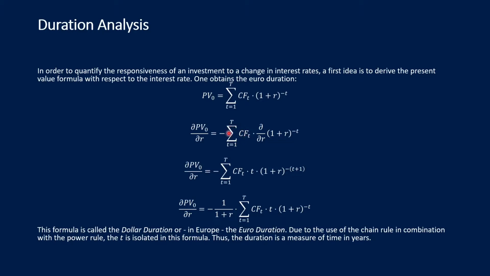Since there's no interest rate here, and this is a simple sum formula, we just need to derive the last part here. And if we do so, of course, we're going to subtract 1 from the exponent here, which will lead to minus t plus 1, and the minus will end up in front and the t will end up here.